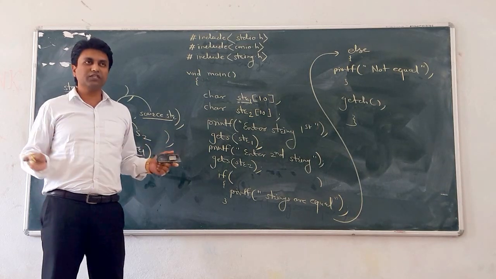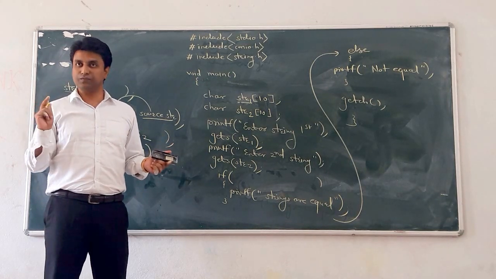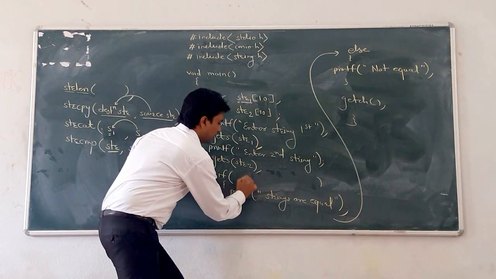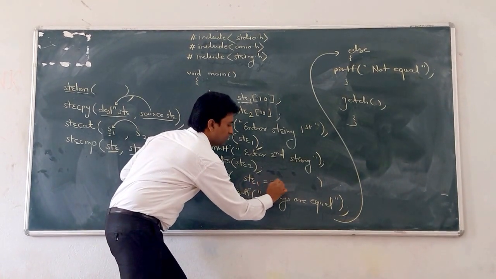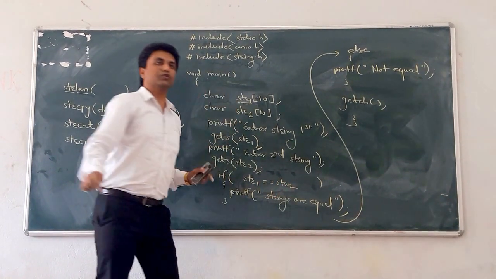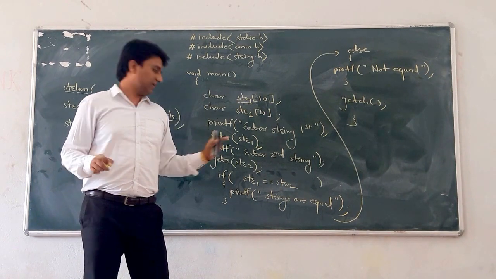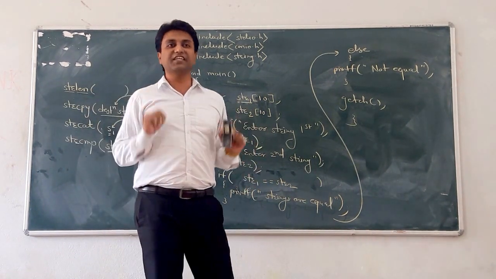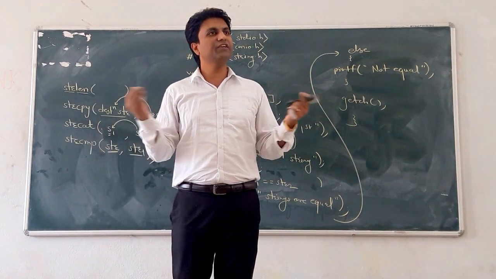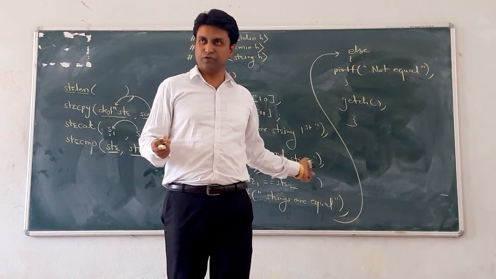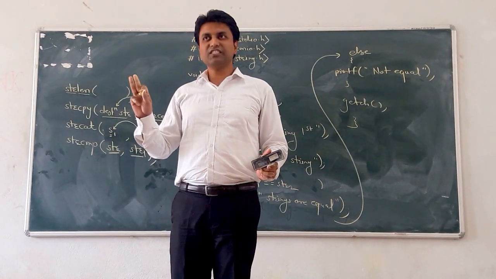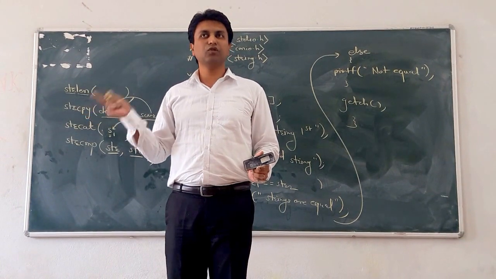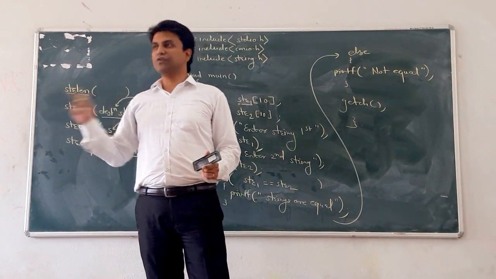So how to compare two strings not using equal to? If you write like that, str1 is equal to str2, it gives you syntactical error. If these two variables are integer type, float type, then we can compare it using equal to. But if two strings are there, we cannot compare two strings using equal to operator.